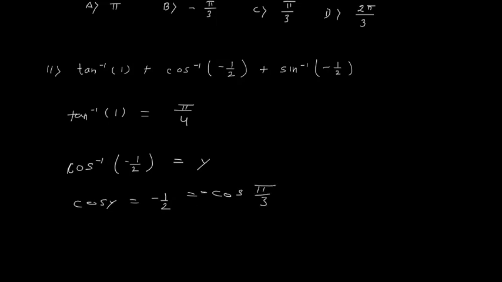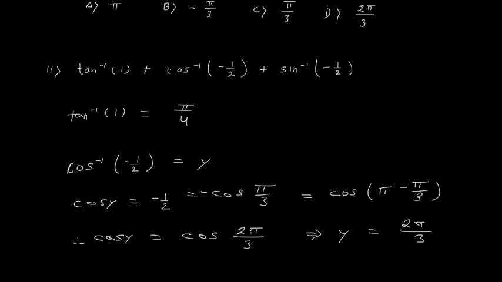But the minus I have to remove, so I will write this as cos of pi minus pi by 3. Therefore cos y is cos 2 pi by 3.